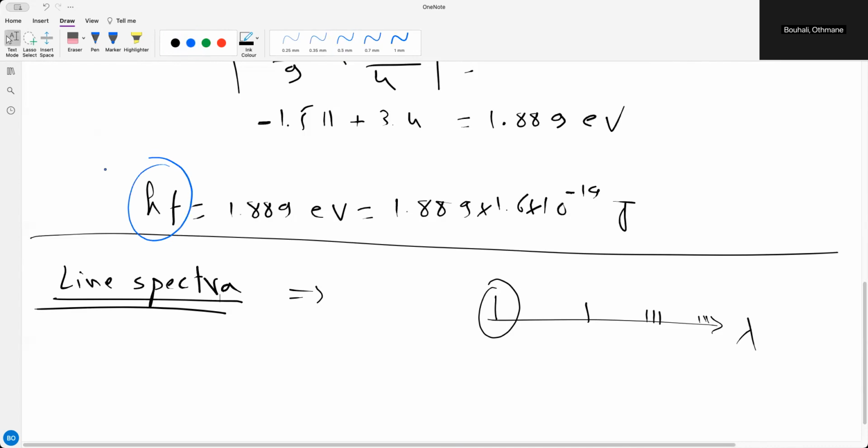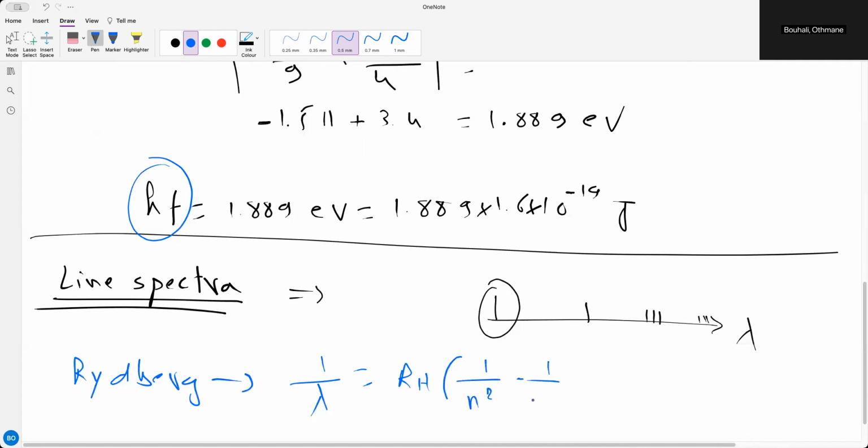In fact, if you remember, Rydberg made a semi-empirical formula: 1 over lambda is equal to the Rydberg constant times 1 over n square minus 1 over k square. This had no theoretical meaning, it was just semi-empirical.